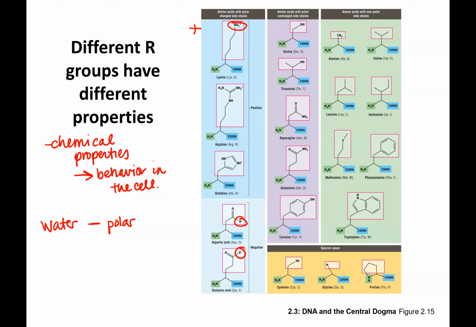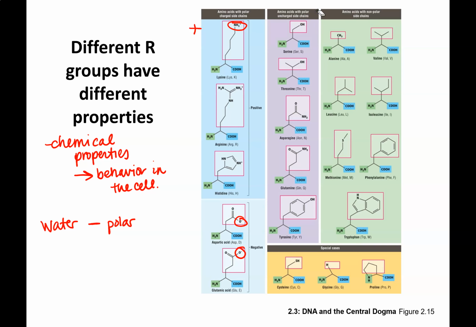We can also have polar and uncharged. So this means that the molecule as a whole has sort of a charged region. So in this case, we have kind of a negative-ish region in one part of the cell, but overall the molecule doesn't have a particular charge.